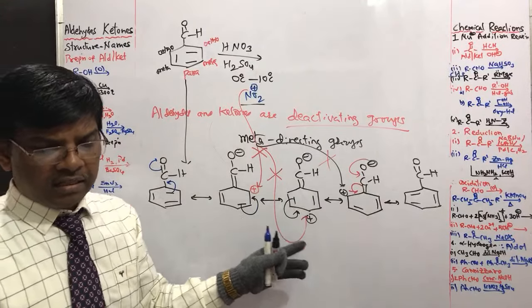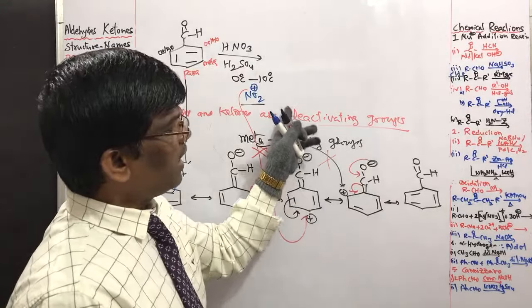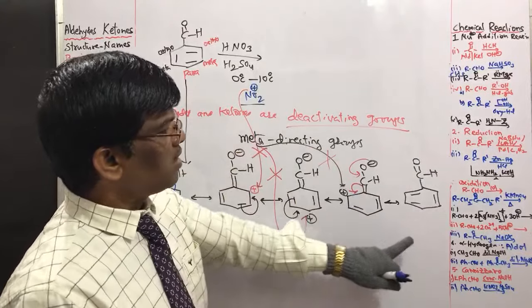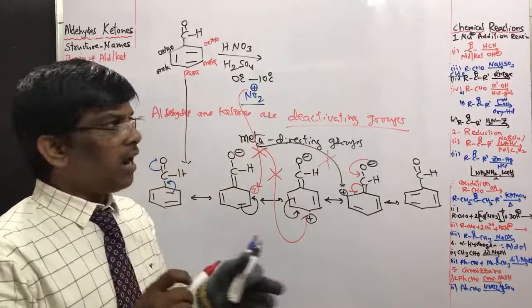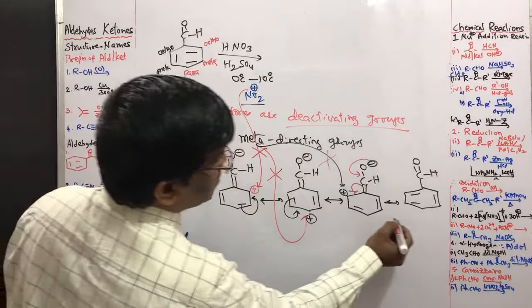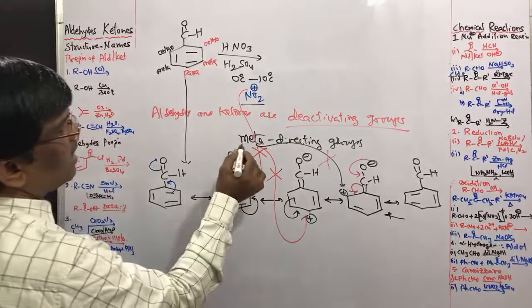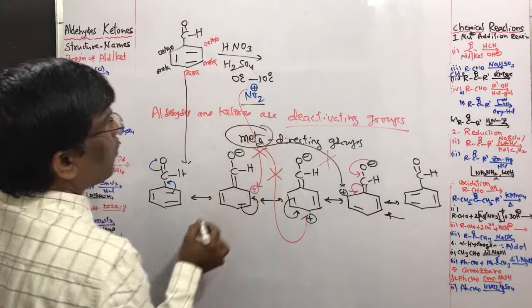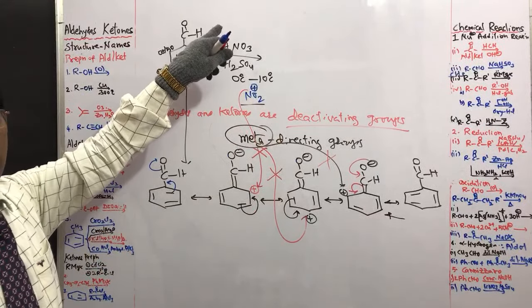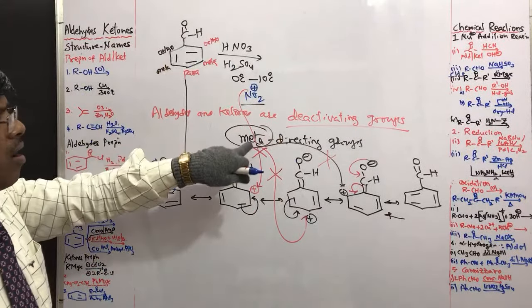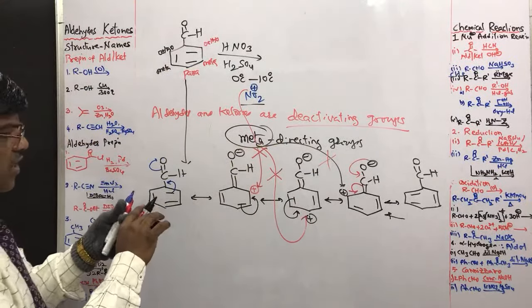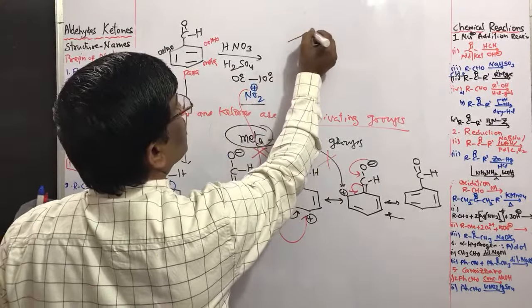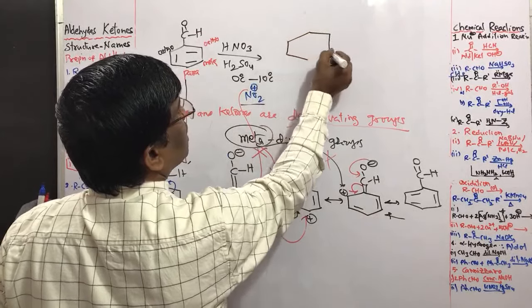That is why the incoming electrophile NO2 plus is not going to attack ortho and para. So the leftover is the meta position. That is why aromatic aldehydes and ketones are meta-directing compounds, so the nitration takes place at the meta position.